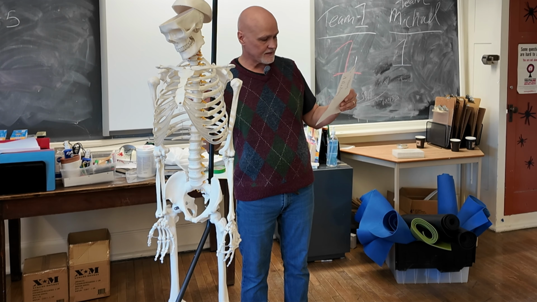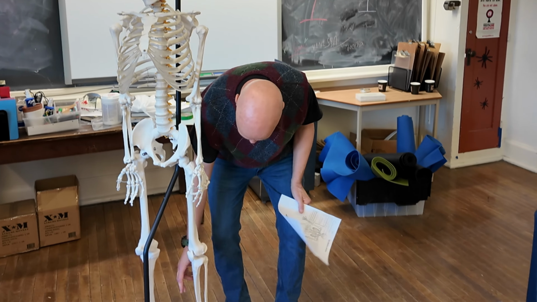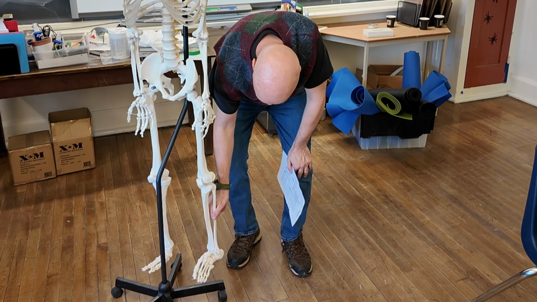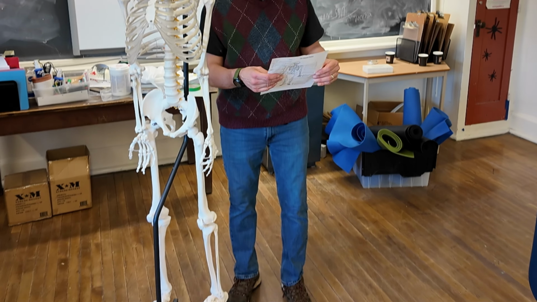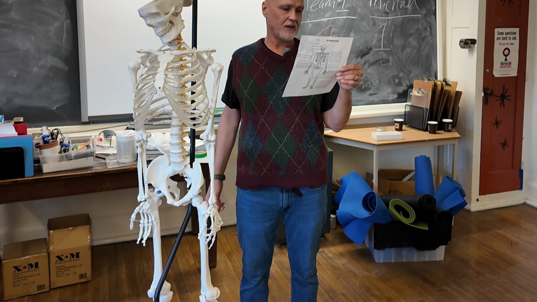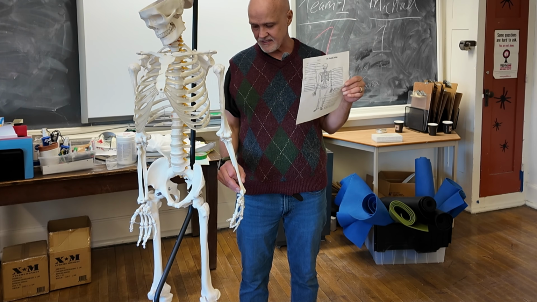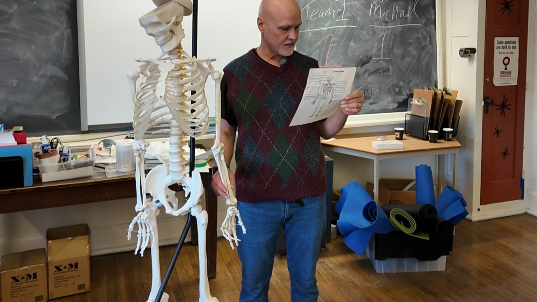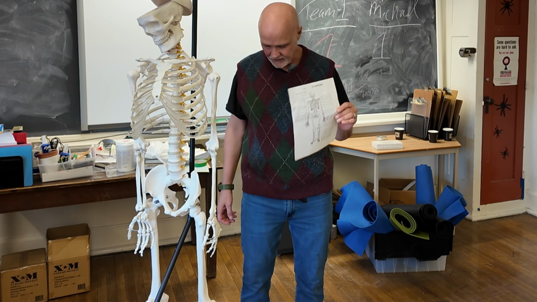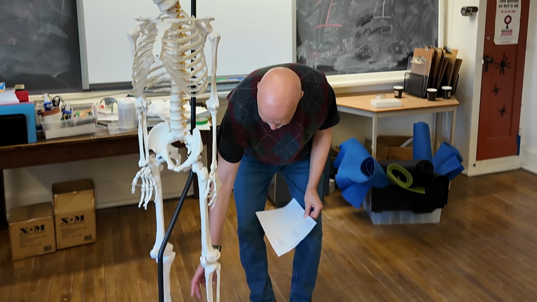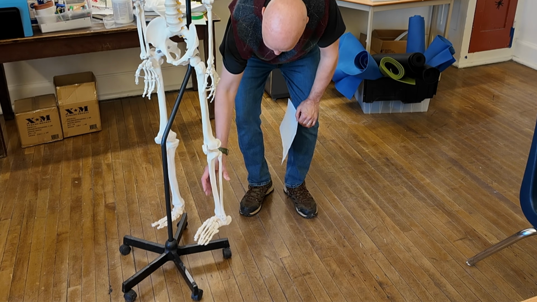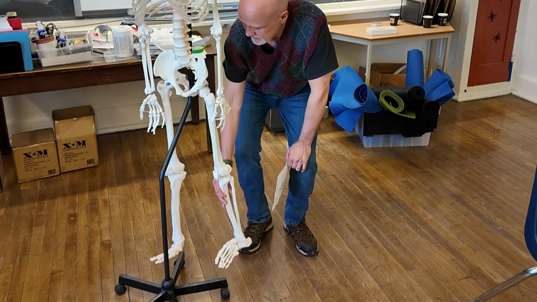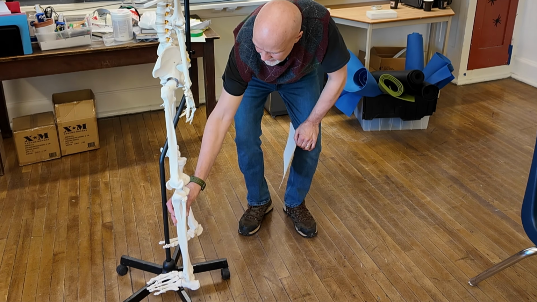Okay, we've got our patella. We have tibia, fibula. Now, this is where I always forget which is which. I don't have a nice system like I do with the radius and the ulna. The fibula is the bigger one, and the tibia is the smaller one. Here.